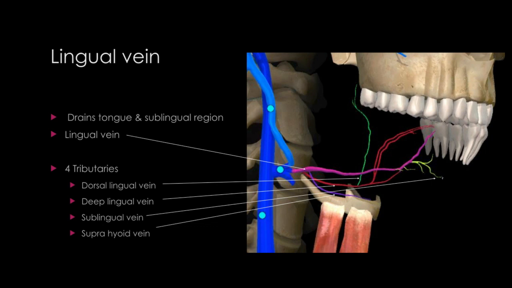You can see a small sublingual vein here which drains into the lingual vein proper, as well as the suprahyoid vein which also drains into the lingual vein. So, that is the dorsal lingual, deep lingual, sublingual and the suprahyoid vein.